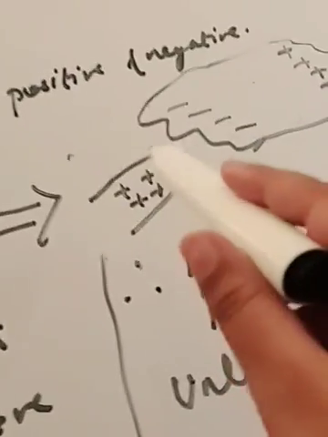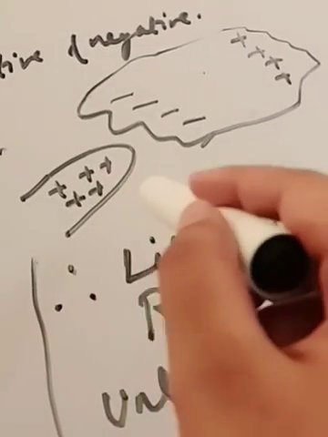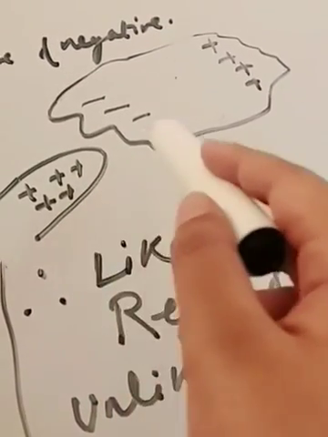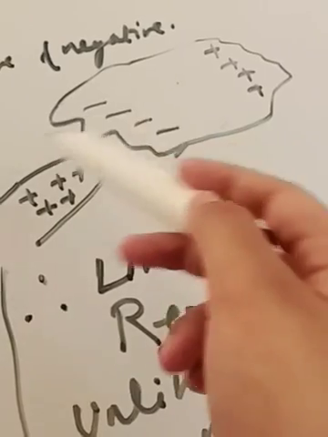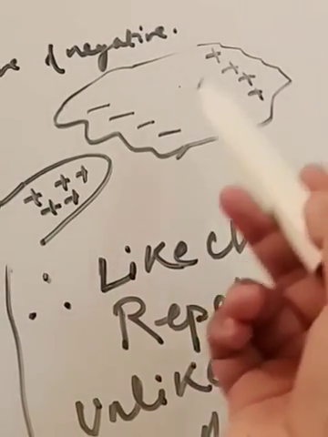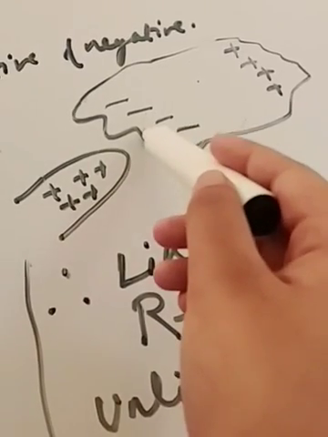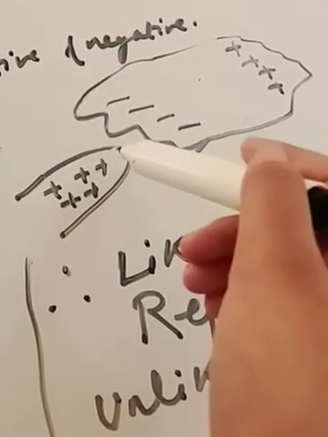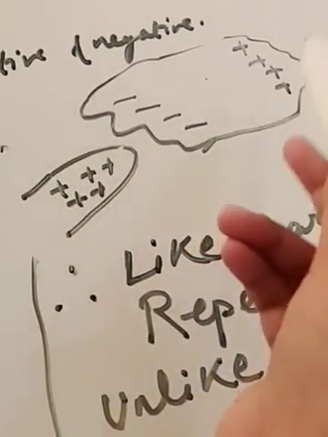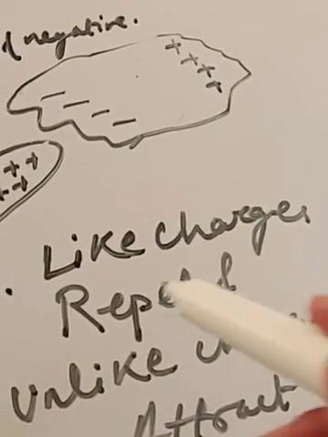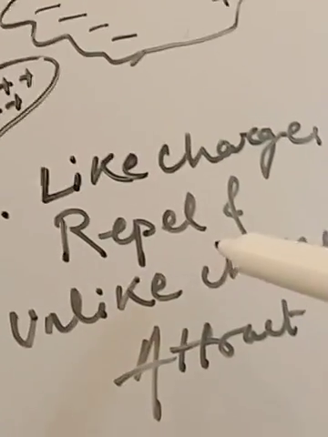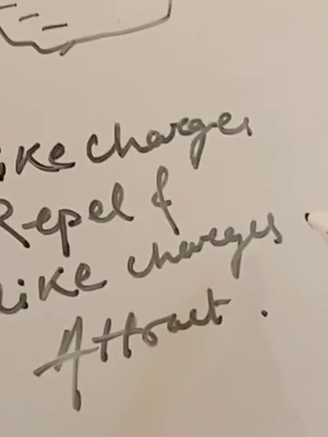So it becomes like this. The glass rod is positively charged and silk acquires the negative charge. So here the positive charge and the negative charge, unlike charges, attract each other, and like charges are at the farther end. So like charges repel each other, and unlike charges attract.